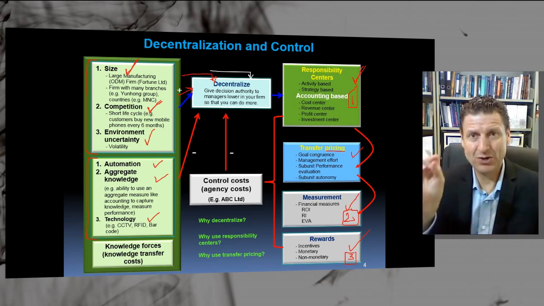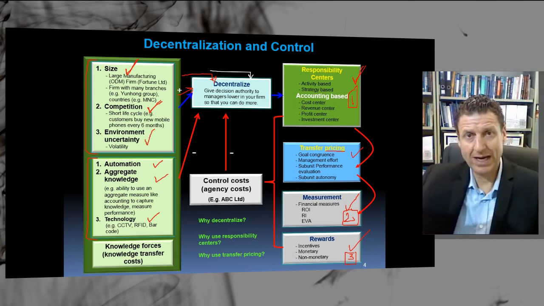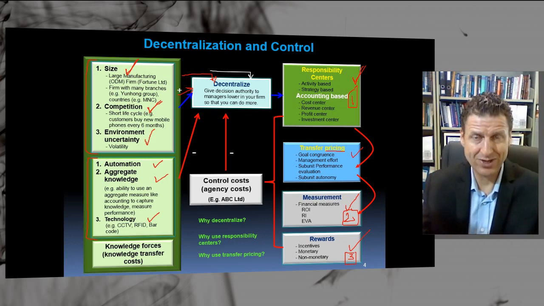But assuming that that objective is put on the side, what other objectives can you achieve with transfer pricing? Well, you allow divisions to negotiate over a transfer price, or you allow the market to set the transfer price, you see.